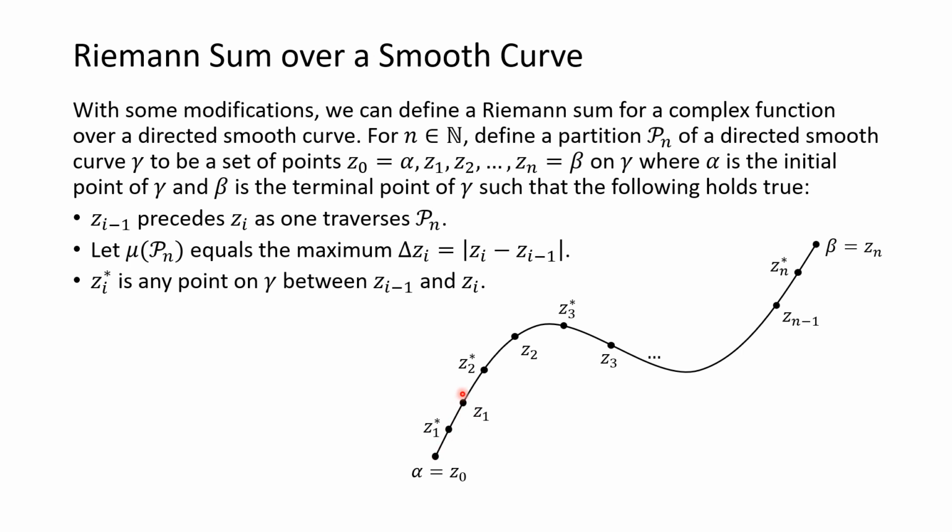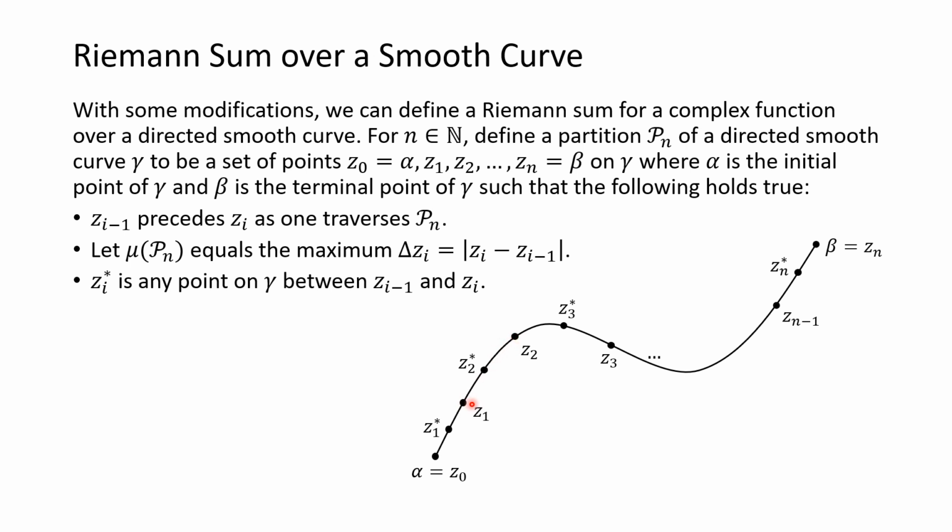The lengths of the intervals, z sub 0 to z sub 1, z sub 1 to z sub 2, don't need to be the same. They can vary, but what we do is define mu of P sub n, where P sub n is the partition that we have here, as the maximum difference between these various intervals.